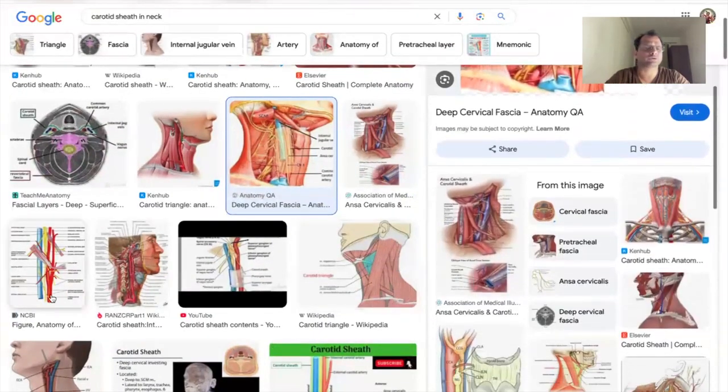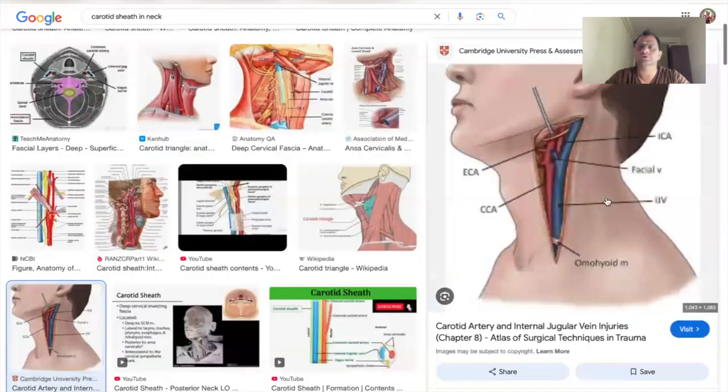Let's see the other image here. Now look at this image. So now we can see here CCA means common carotid artery is passing. Okay, from here. Then this blue vein is passing, that is internal jugular vein.